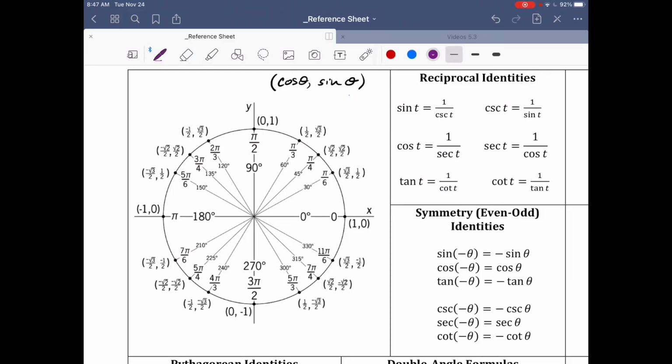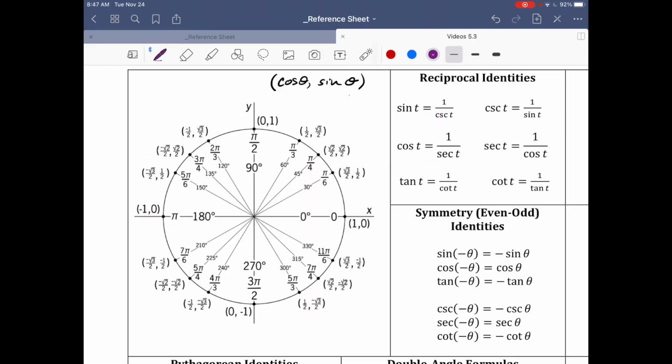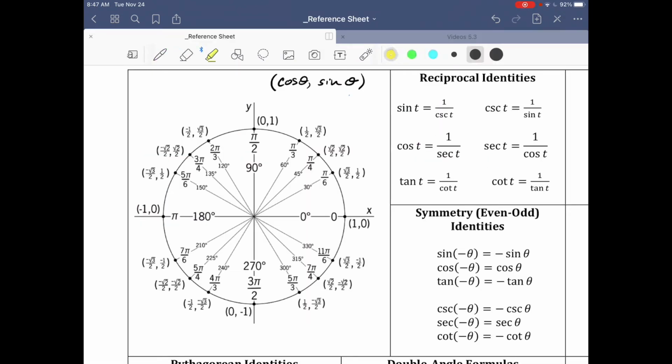So now we go from our unit circle. We want our 1 here, and our -1/2 would be here and here.